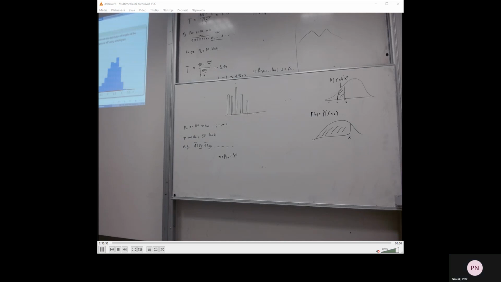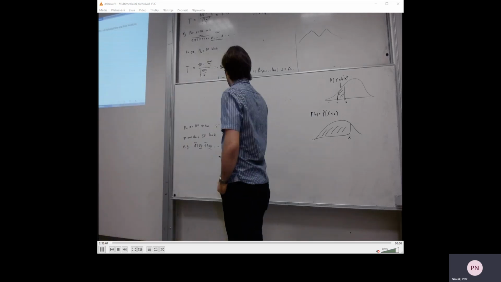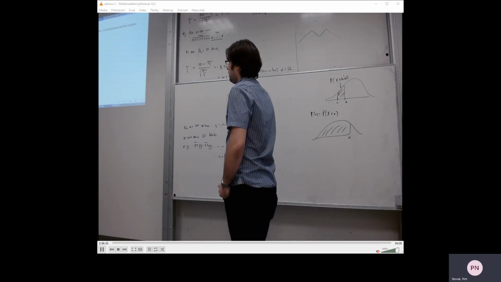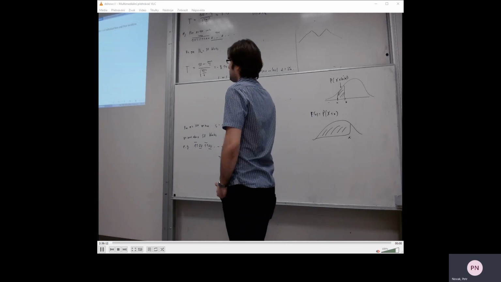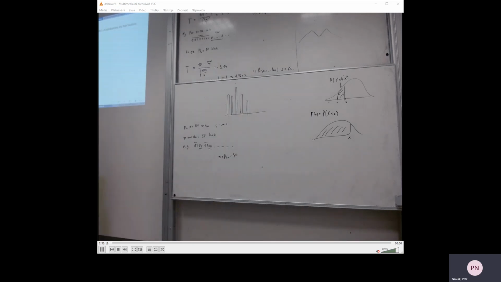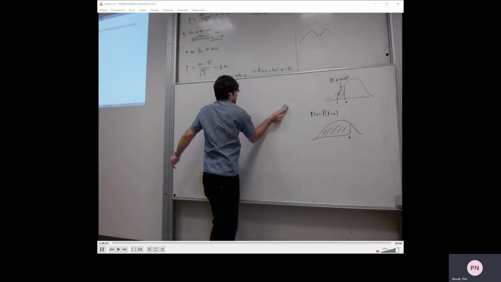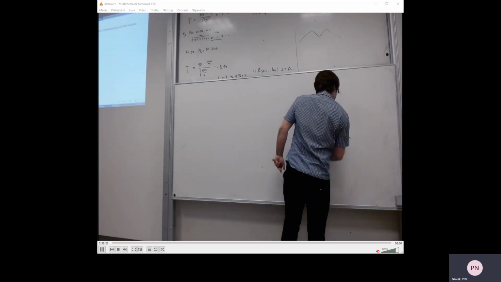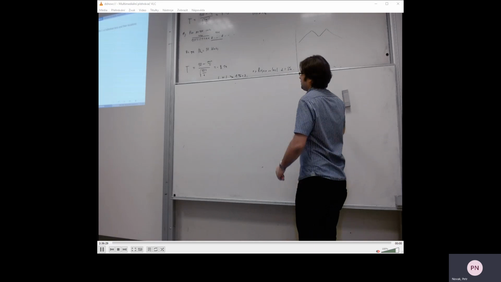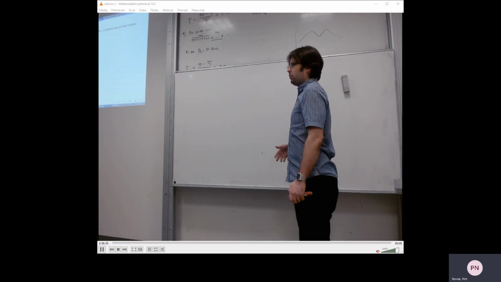Now, at some point, if you are tired of blocky histograms and would like a nice smooth estimate of the density, you can use the so-called kernel estimate, which again is pretty simple to visualize, but pretty hard to set up correctly with the right parameters.